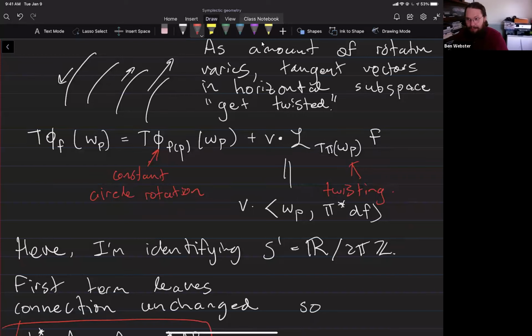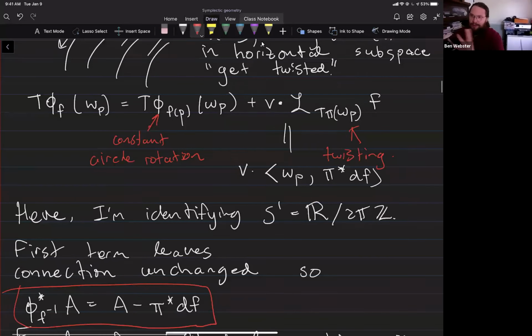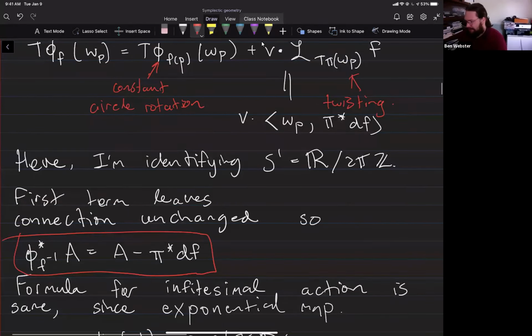Along the fiber, it's just the action you expect, but transverse to the fiber, you get some extra contribution depending on how F changes. And you can see it exactly has to do with the Lie derivative of F along the direction transverse to the fiber that you're pushing, which you can then rewrite in terms of df. And so this is the change of the connection form. And again, there's some sign that shows up. You have to make sure you do that right. If you change a sign somewhere else, this sign will change as well.